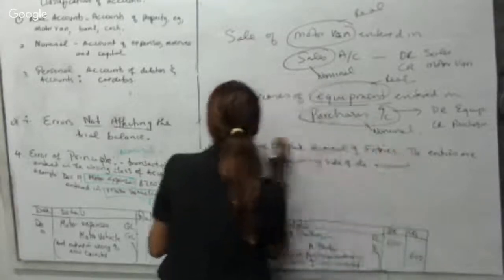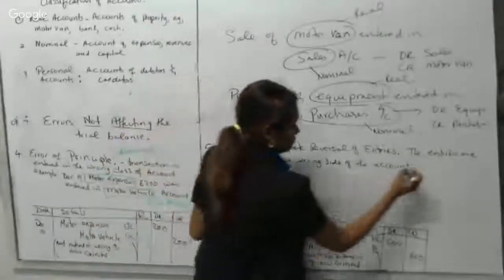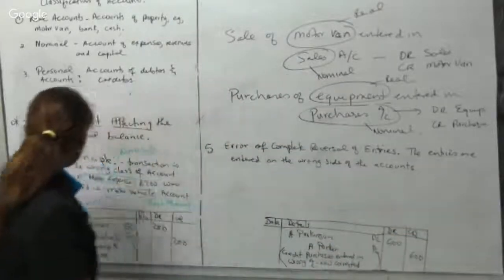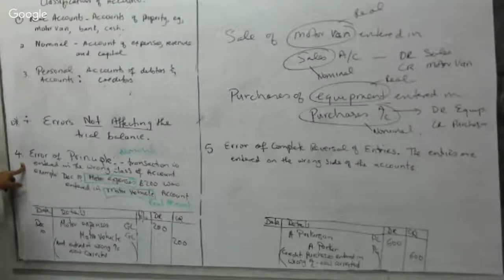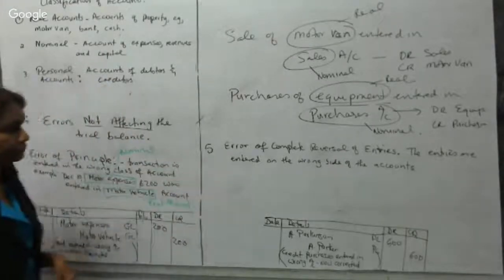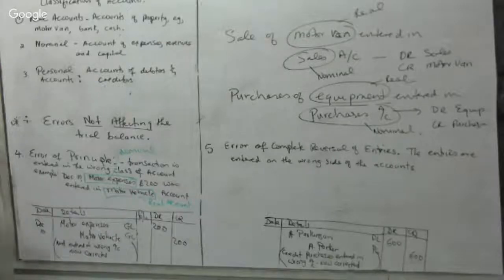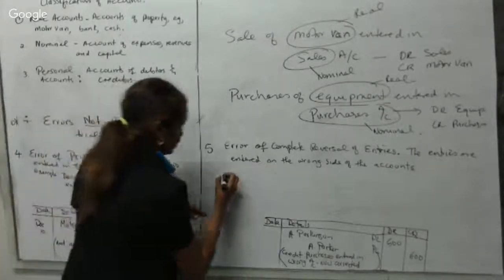This is actually number 5, so we move from number 4 to number 5. The word is kind of small, so we have to make use of the limited space. You will remember that better by saying debit the account that is to be credited, credit the one to be debited. So my example is this.